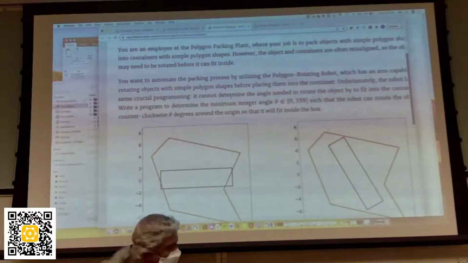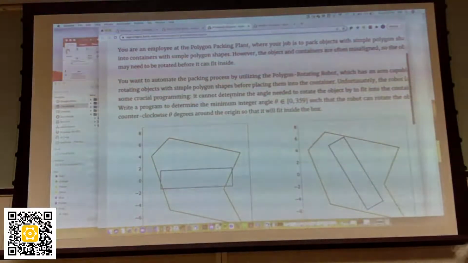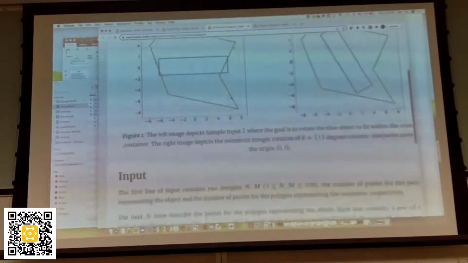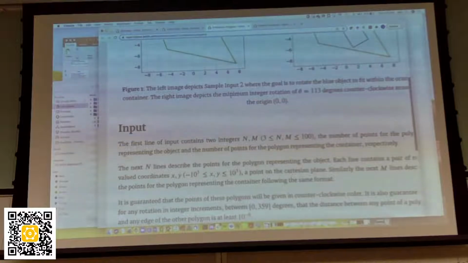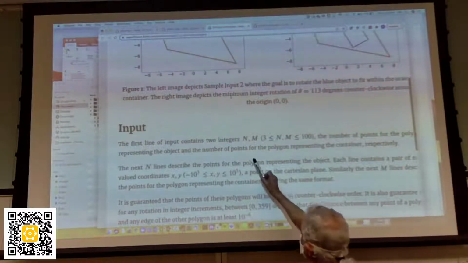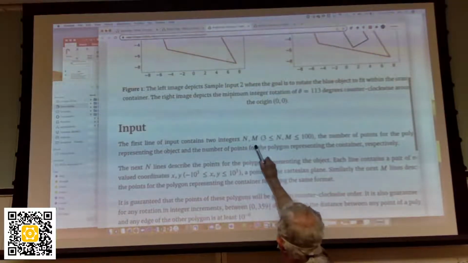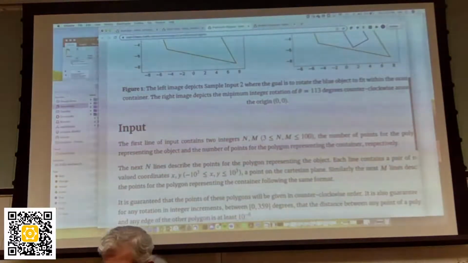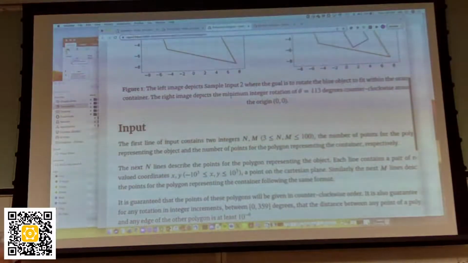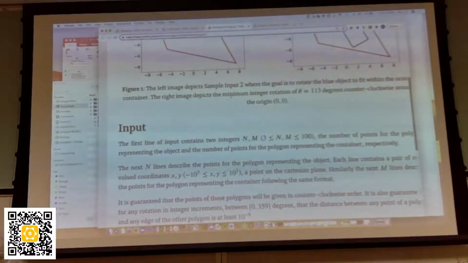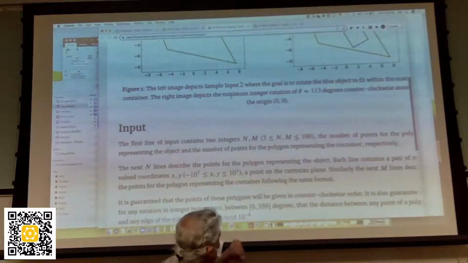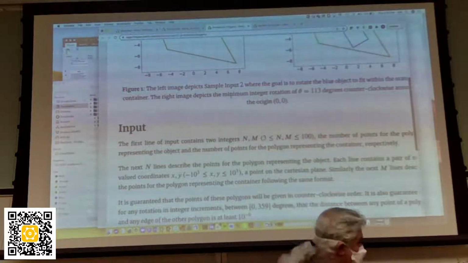Now you're told, what are the constraints? So you're told that both the polygons have up to 100 vertices. So it's not small. Okay? And then you're told the coordinates are integers. That's nice.